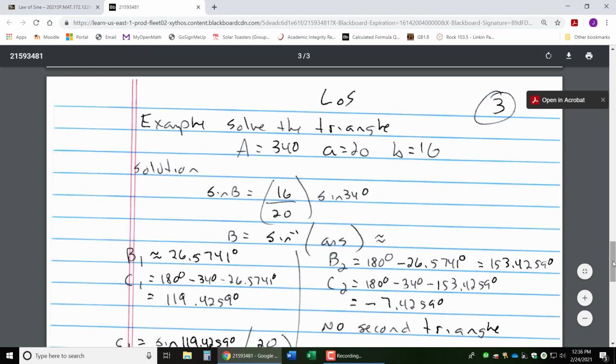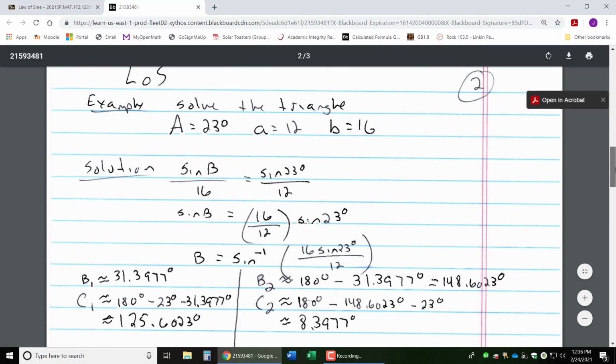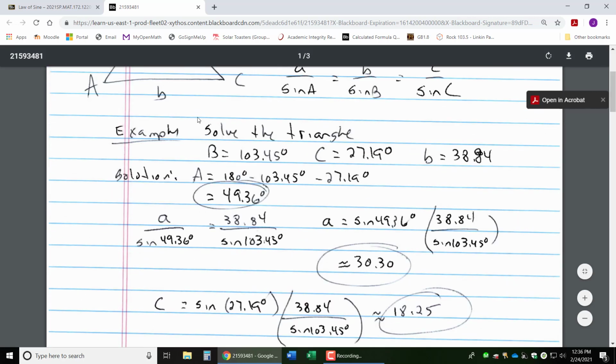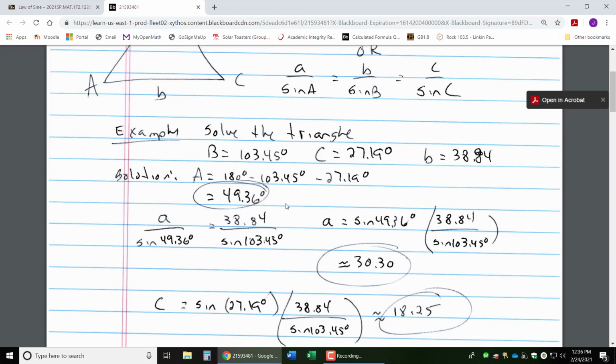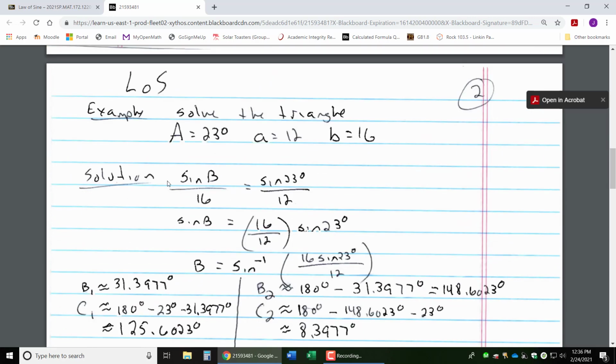So let's recap. Law of sines, 4 possibilities. You start with 2 of the angles. There always is a triangle solution. You start with a single angle, a side opposite, and one of the other sides. That's the ambiguous case.